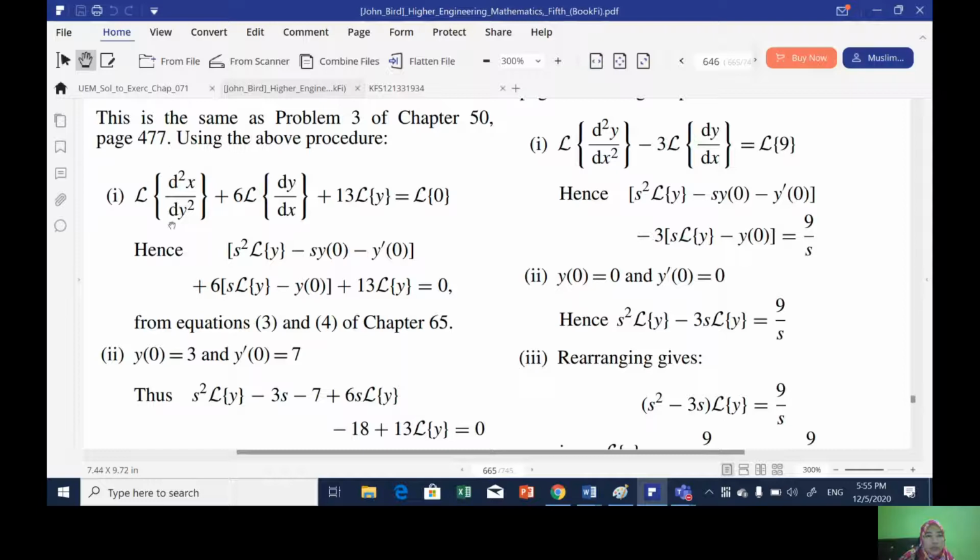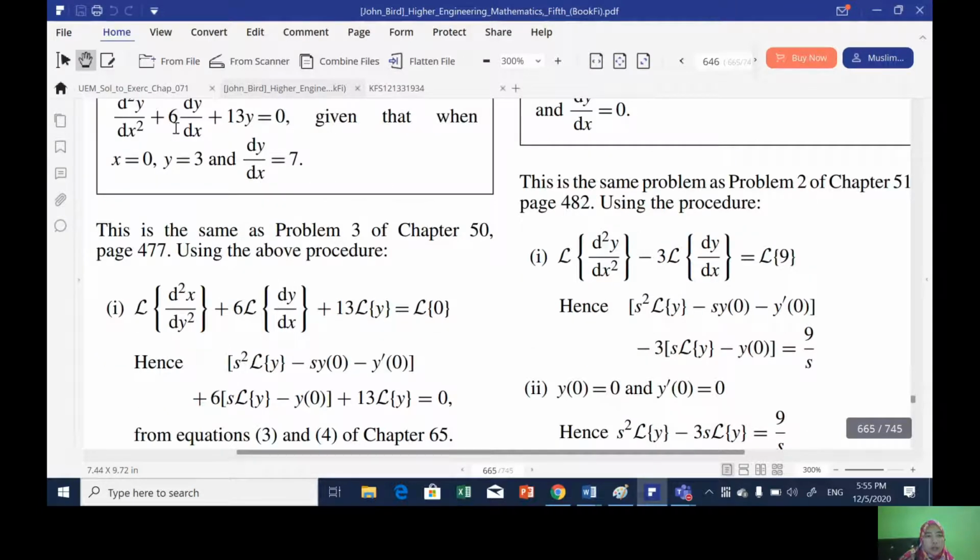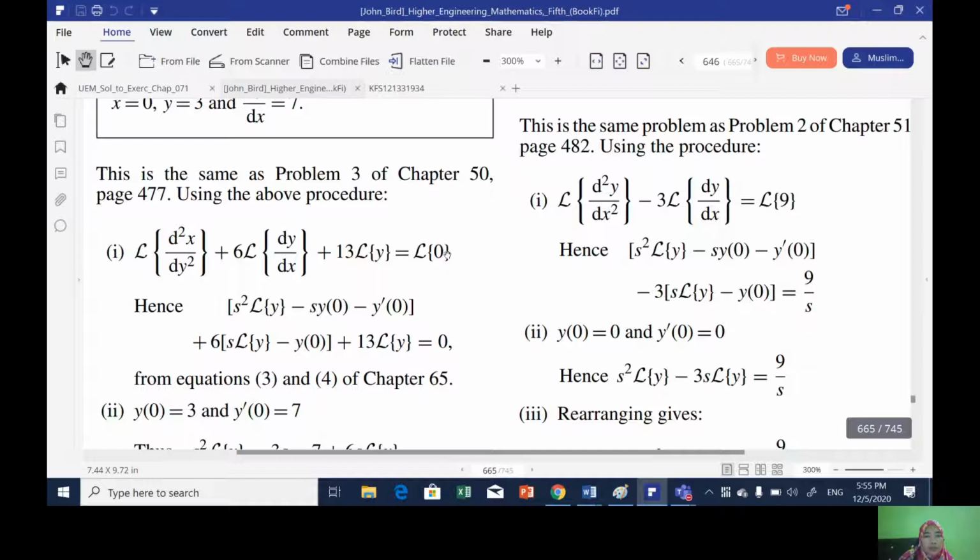So find the Laplace transform for the second derivative, then there is the constant 6 in the original equation, then the first derivative, apply the transform, plus the transform for y. We just write down the transform for y, and then transform the right hand side, which is 0.